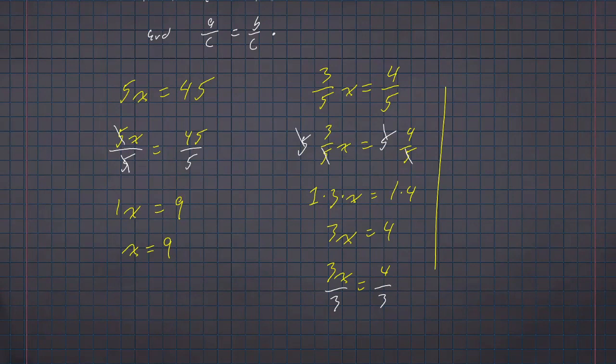To get 3x divided by 3, 3 divided by 3 is 1. And you can either leave the answer as the improper fraction 4/3 or as the mixed number 1 and 1/3. As always, pay attention to the problem. Very often there are instructions that tell you what you need to do here.